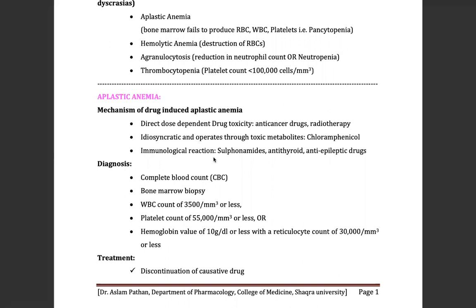If the dose is excess, it may cause damage to the cells, and these cells may be RBC, maybe WBC, maybe platelets. So it depends on the dose. If the dose of the drug concentration is increased, it may be responsible for the toxic effect on the cells.